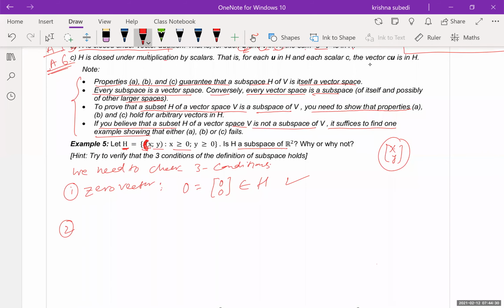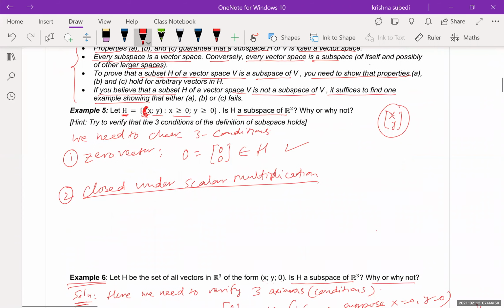Now, let us check closed under scalar multiplication. Let's see what happens. Let us suppose that u belongs to H. Because H is a subspace of R2, u must be of this type.